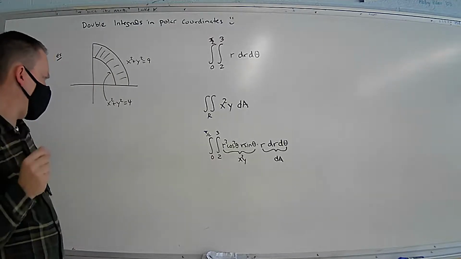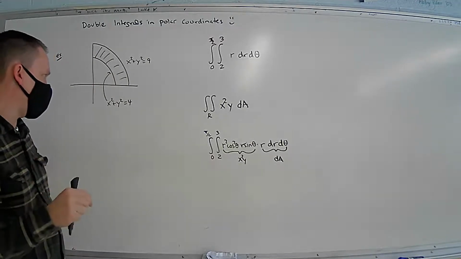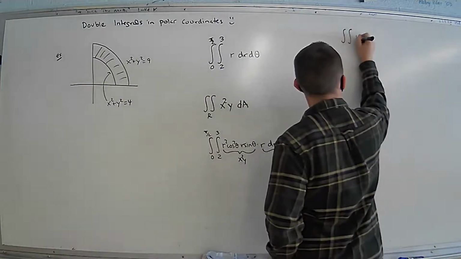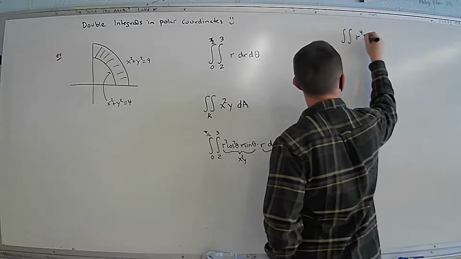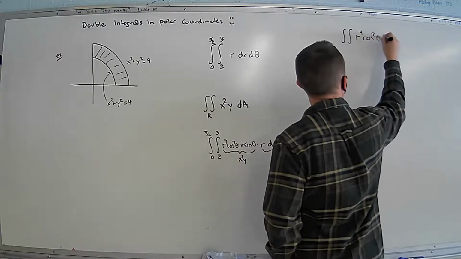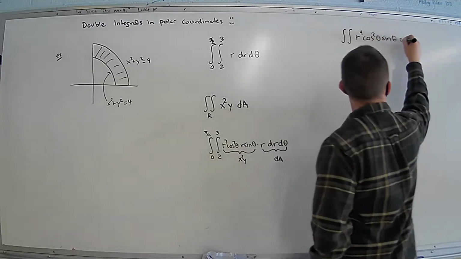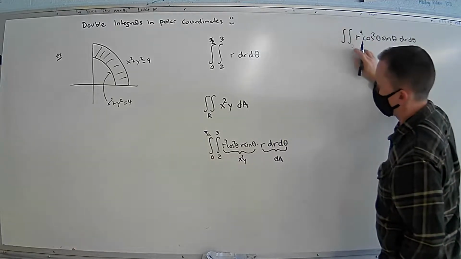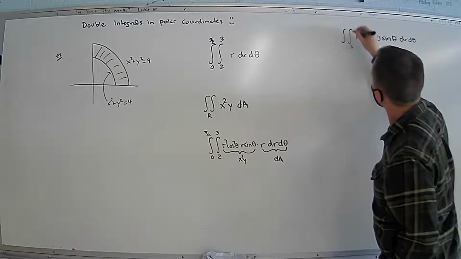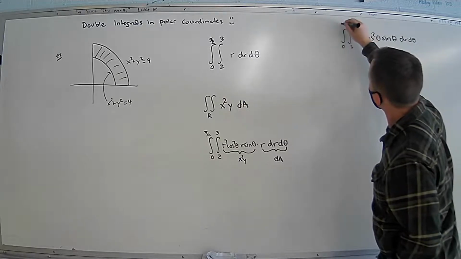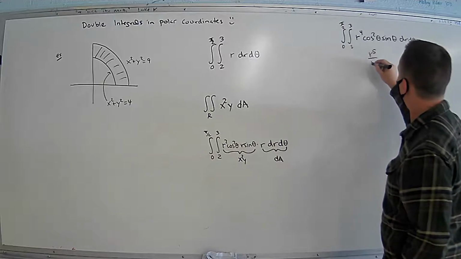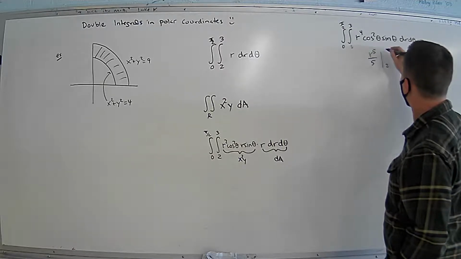So what does that end up being? R to the fourth. So that's r to the fifth over 5, evaluated from 2 to 3.